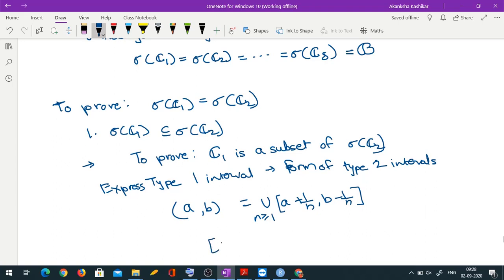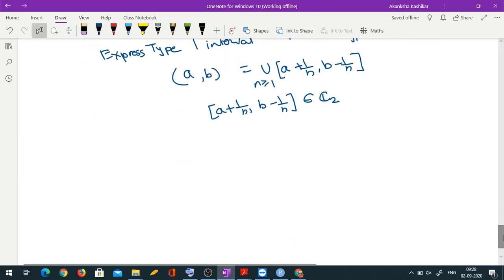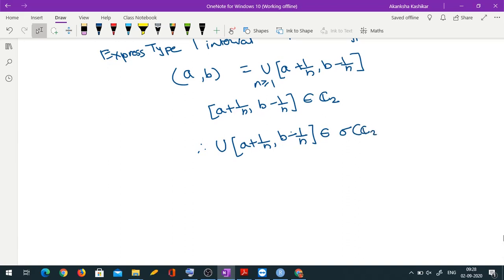So what does it mean? It means that [a plus 1 by n, b minus 1 by n] is in C2, because that is how we have defined C2. C2 is a collection of closed intervals. Therefore, a countable union would belong to sigma C2, because it's the union of sets from C2.